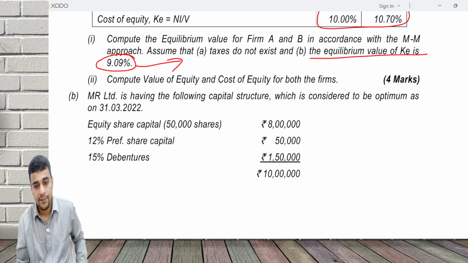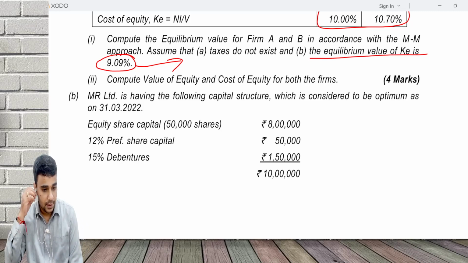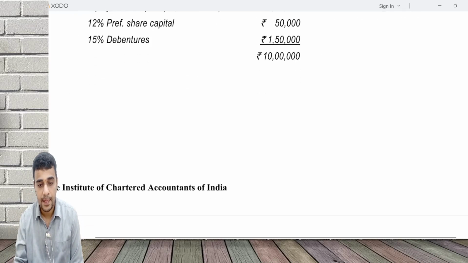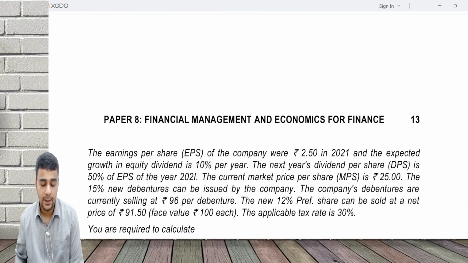MR Limited has the following capital structure, which is considered to be optimum as on 31/3/2022: equity share capital, preference share capital, debentures. EPS was 2.5 in 2021. Expected growth is 10%. Next year DPS is 50%.